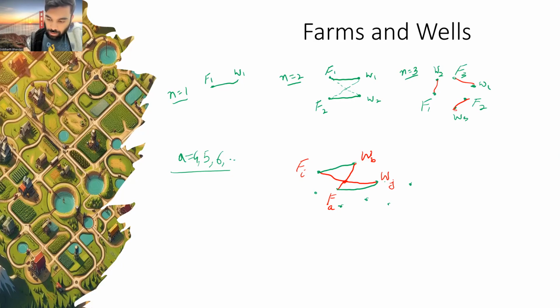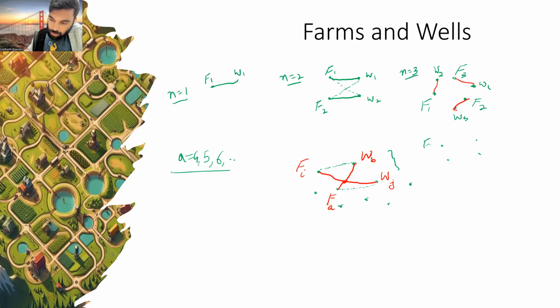Okay, so let me actually do it in a different way. Just give me a second. Let me not do it this way, in case it is confusing. So what is being suggested is that you take this and you instead use these dotted roads instead of the red roads. So your situation will look like this.